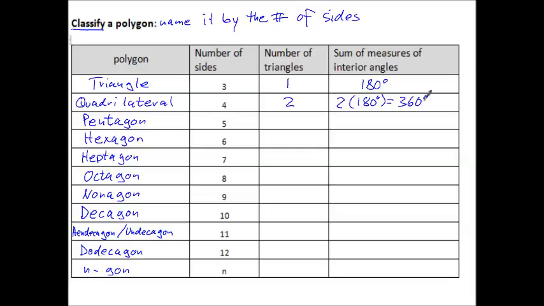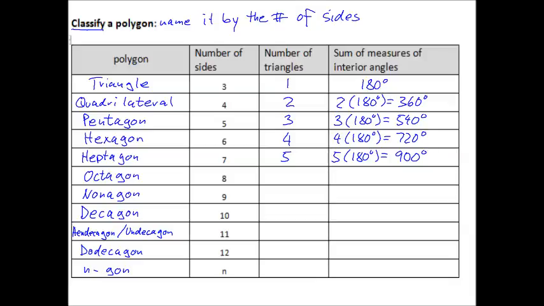Our pentagon up there gave us the possibility to create 3 triangles, so we would have 3 times 180 degrees, which is 540 degrees as the interior angle sum. The hexagon, we had 4 triangles, 4 times 180 degrees, which is 720 degrees. And our heptagon, that was the figure to the right, let us draw 5 triangles. 5 times 180 degrees is equal to 900 degrees.